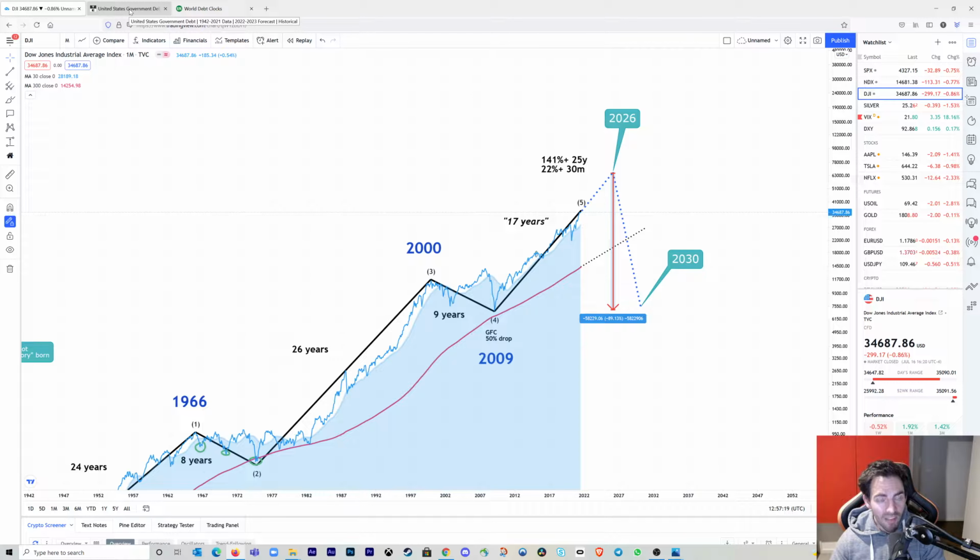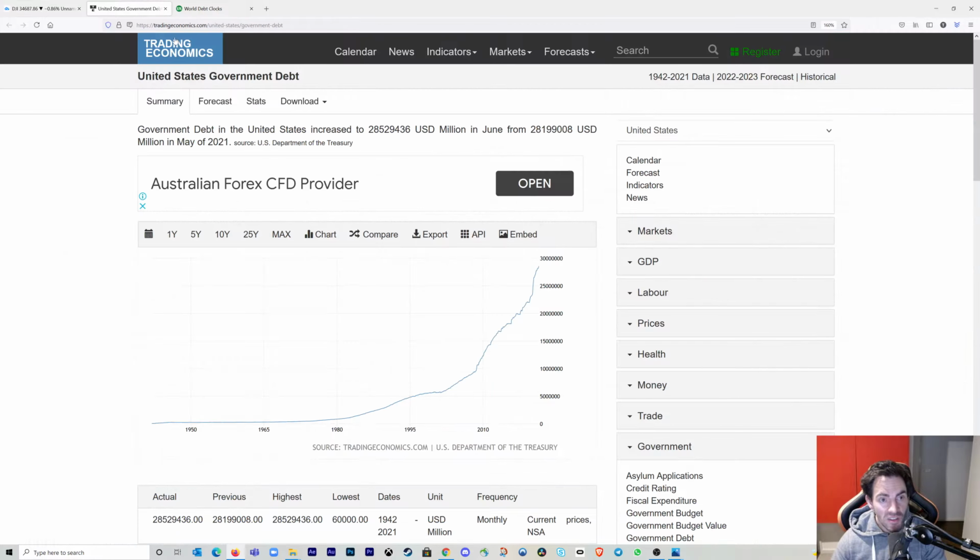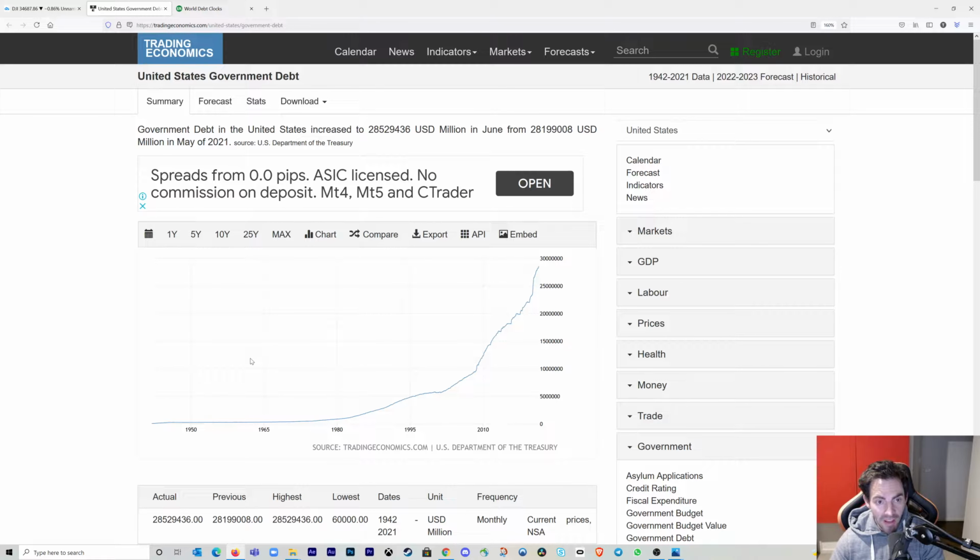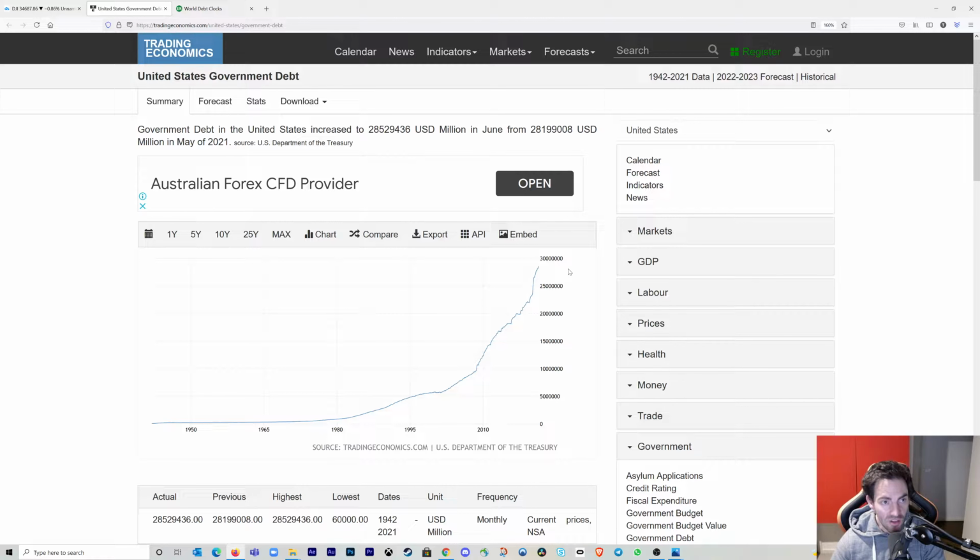Now, let's have a look at the debt levels, and this could be another factor that plays into why we might have a deleveraging event. So here we have the US debt levels from 1950 right up until the current day. So you can see, once again, we've kind of gone parabolic, and we're right now at about $28 trillion in the US.